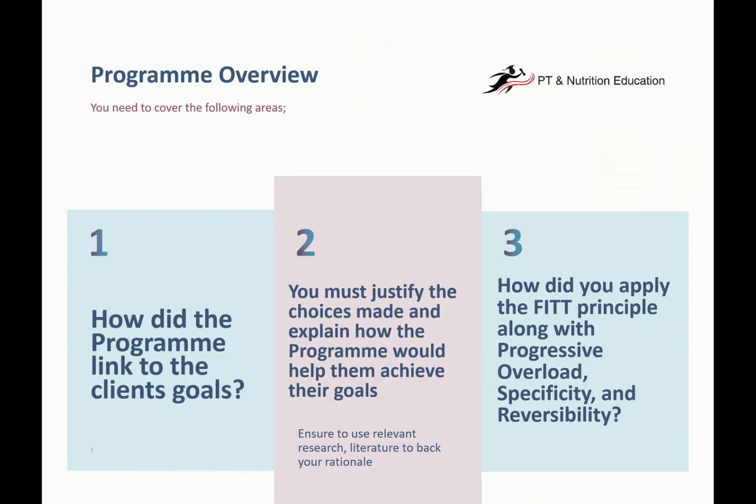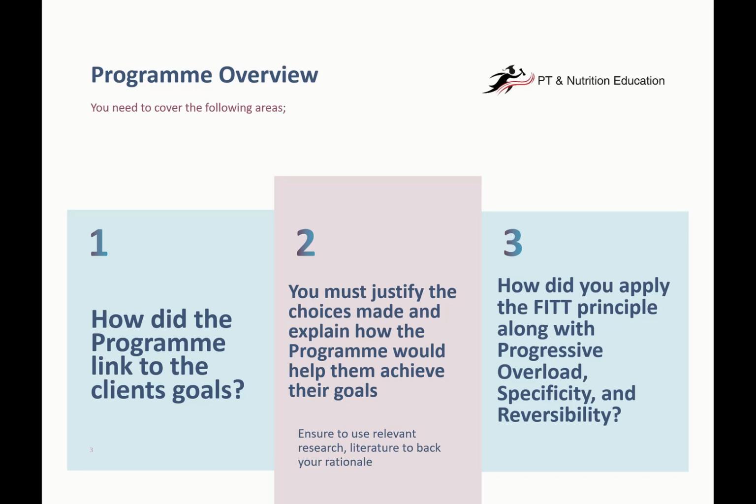So if we look more specifically at the program overview, we've got 3 key areas, or questions if you will, which need answering in order to satisfy all of the criteria when it comes to the PPO. So the first one is, how did the program link to the client goals? Now, of course, when you're providing a justification or rationale, we're going to mention and refer to your program itself, because of course that's what you're justifying, but also specifically to the client goals.